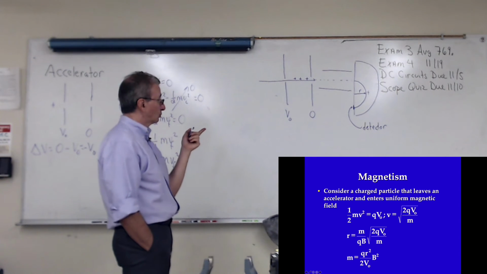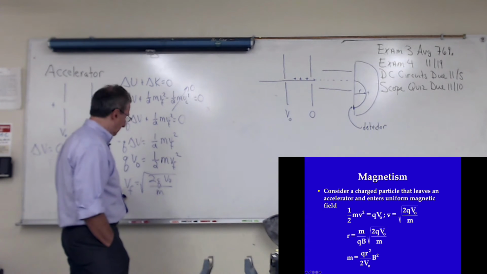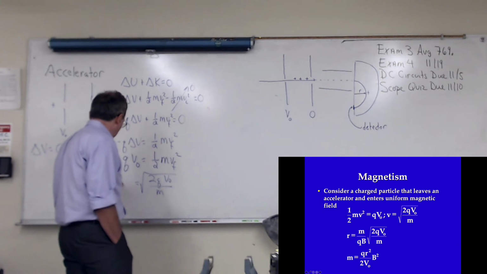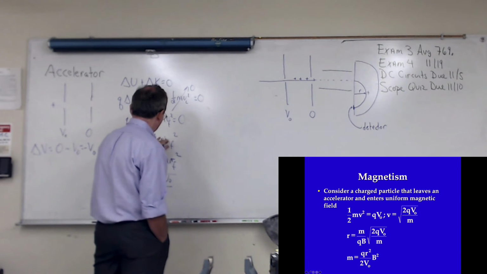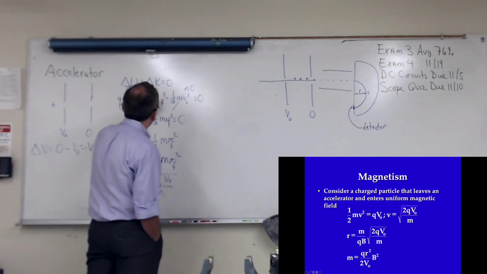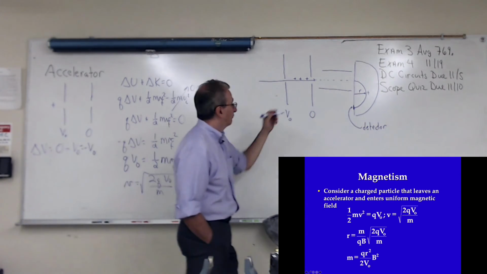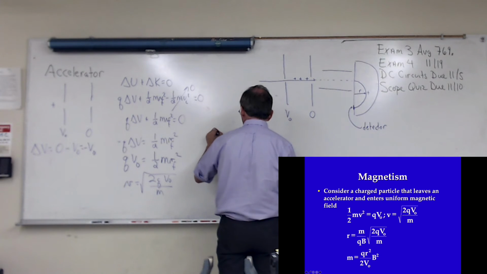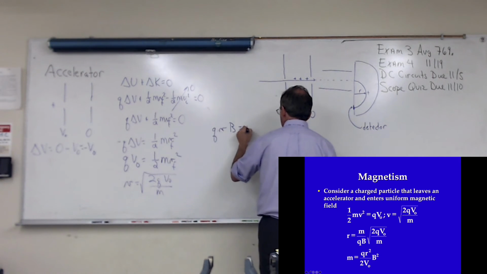So how do we calculate the radius of this? Well, if we know the velocity of the particle, I'm just going to call this V now. Okay, and I should call it script V because there's too many V's here. Sorry. If I send this into the magnetic field, I know that if B and V are perpendicular to each other, the force on it due to the magnetic field is given by this equation.